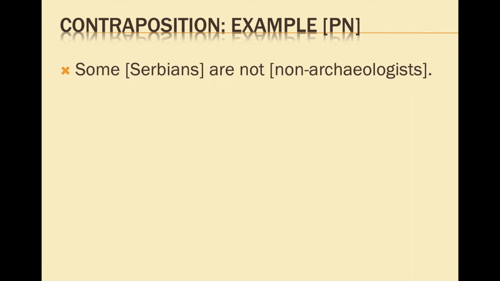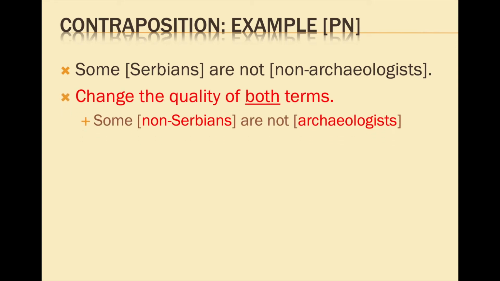And then here's an example for a particular negative statement, again, for contraposition. The original statement, particular negative: some Serbians are not non-archaeologists. And again, note that in this case, the predicate term starts with what sounds like a complementary term, right? Change the quality of both terms.